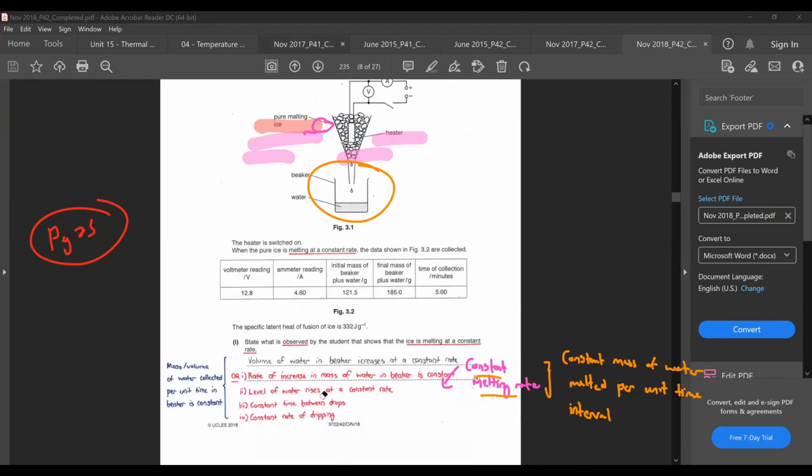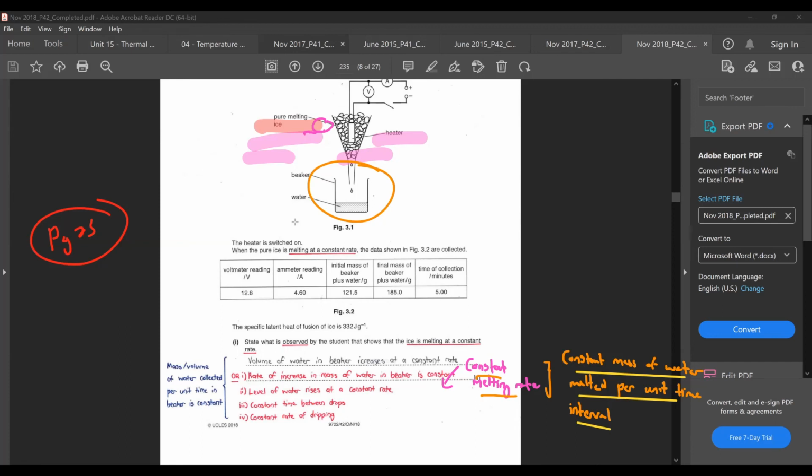There are a number of things that you can write. The marking scheme actually gave you a few different answers. Now, if you write this answer where you say constant mass of water melted per unit time interval, it may not necessarily be accepted.